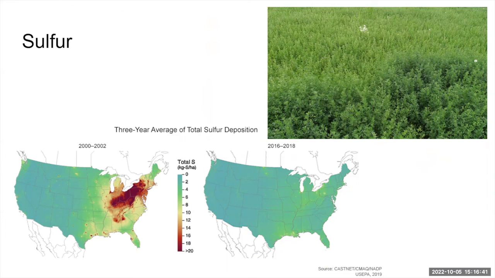Also, historically, we got a lot of atmospheric sulfur deposition through basically acid rain. Now that we've cleaned up the air quality quite a bit, we're seeing much less sulfur deposition than we have historically. So we're slightly more likely now to run into an actual sulfur deficiency in our field.